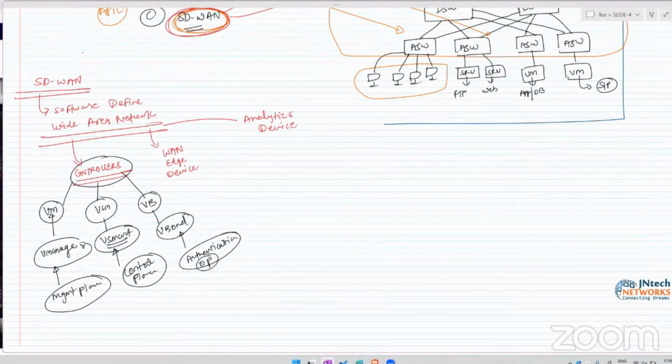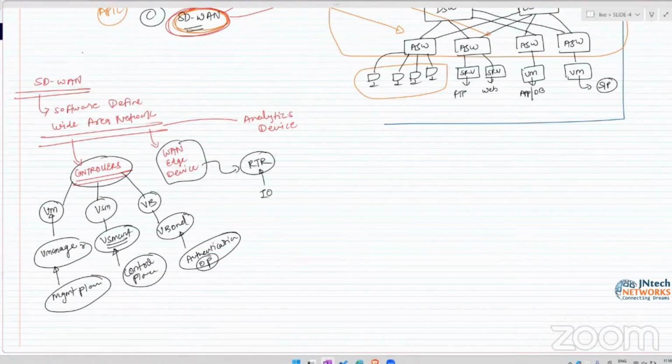Clear? Now, in managed devices, we are using the same routers, but these routers must support IOS XE. They must have this IOS. Then you call them managed devices, because this type of IOS supports the SD-WAN concept. Clear?